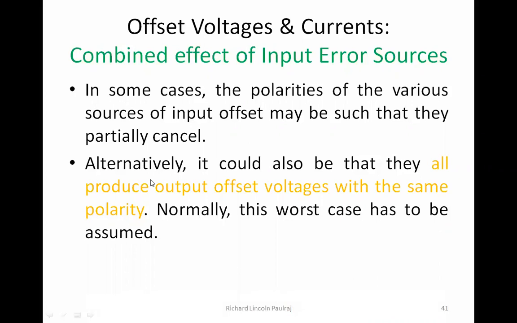In some cases, the polarities of various sources of input offset may be such that they partially cancel each other. So just because we have this plus and minus, a plus 5 minus 5, ideally there shouldn't be any sort of difference. But if, instead of maintaining plus 5 at one terminal, I maintain even plus 5.1, then there is going to be a difference between terminal 1 and 2, that is, inverting and non-inverting.